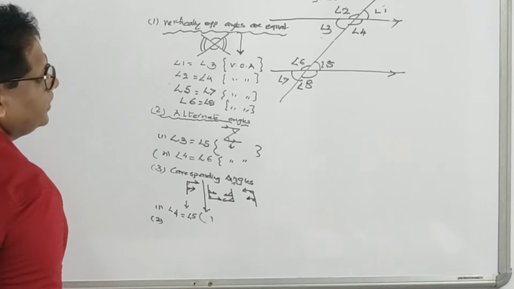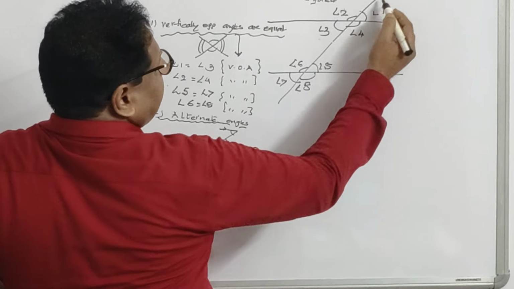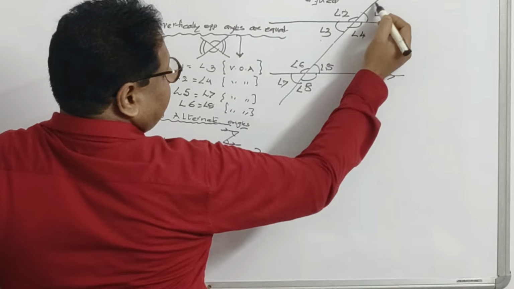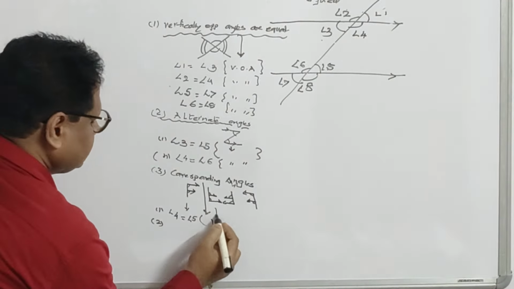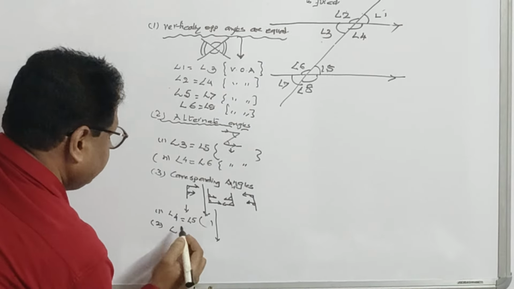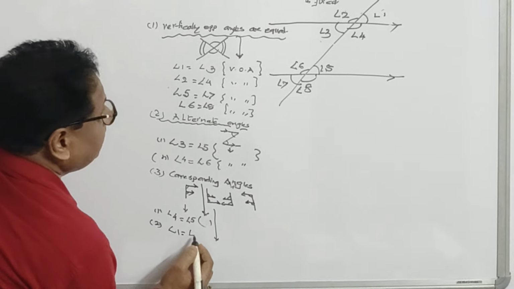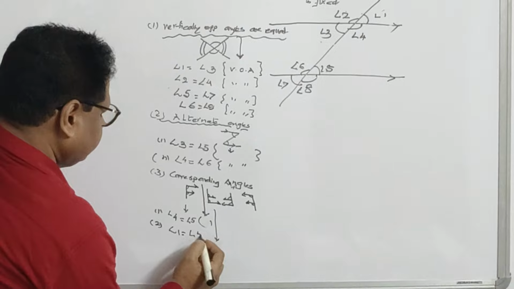Second, as per this figure, we can write angle 1 is equal to angle 5. So this is the second pair, angle 1 equals angle 5.